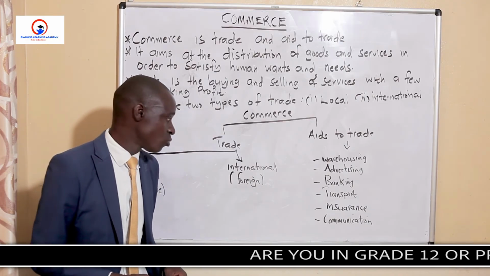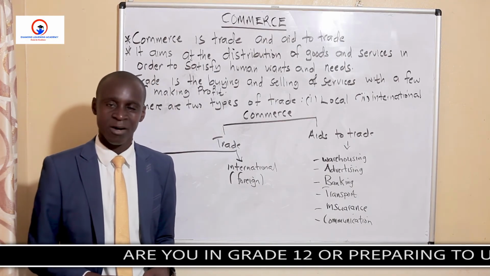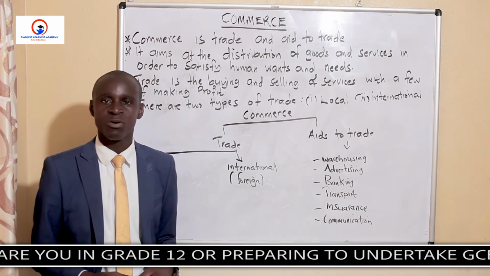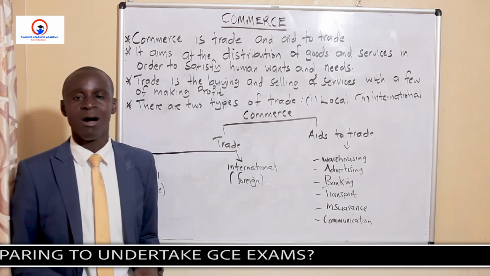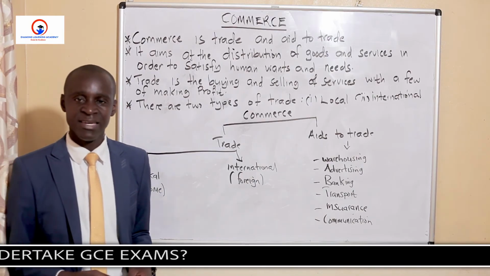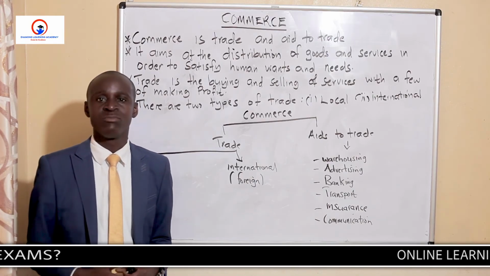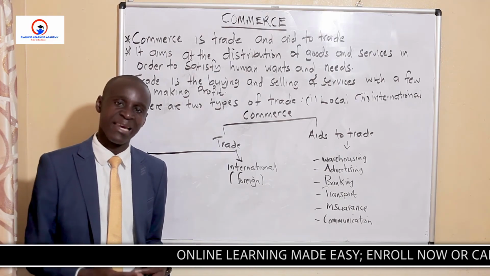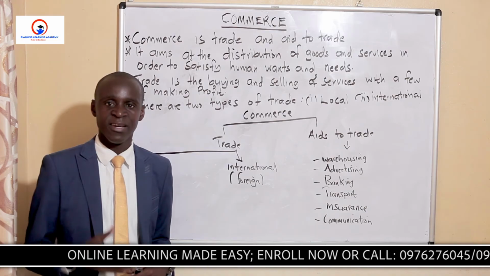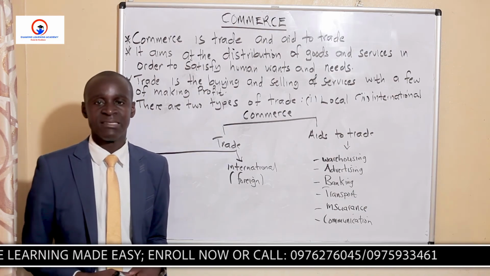I'm going to proceed to another interesting part, insurance. Insurance is simply providing security against the goods and services that we've gotten from our suppliers, in case of any damage or any loss. And so we must provide security against them. That is what we call insurance in aids to trade.